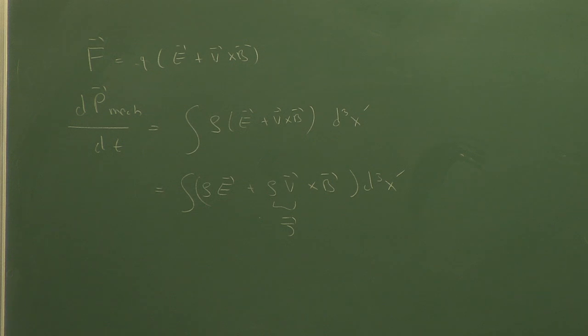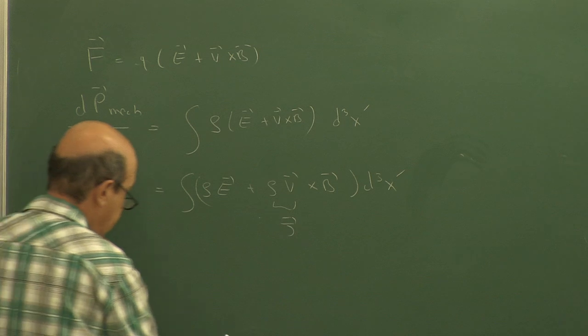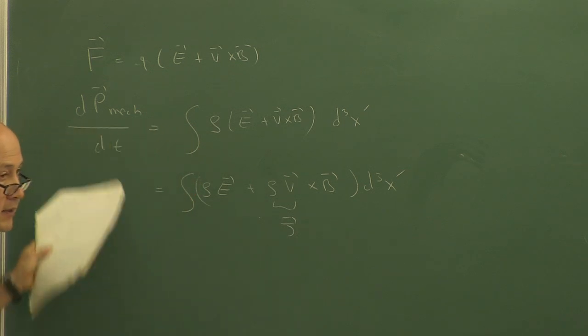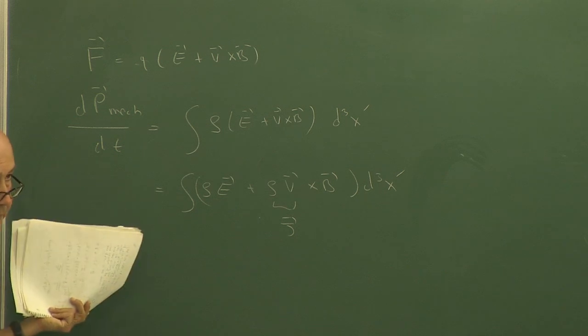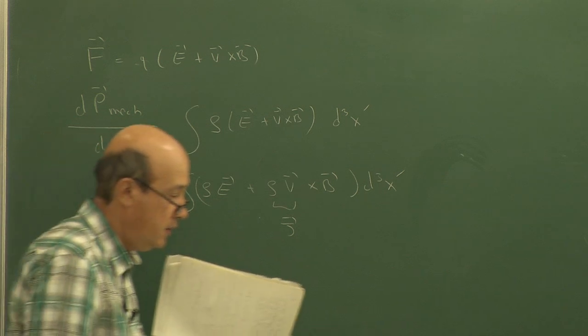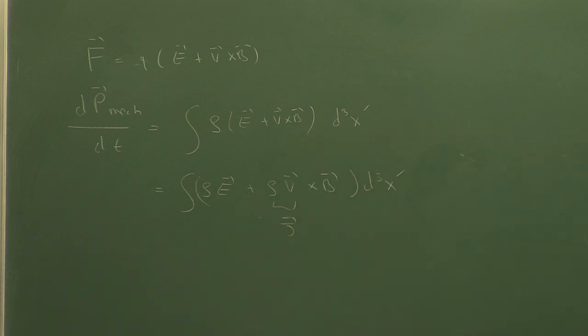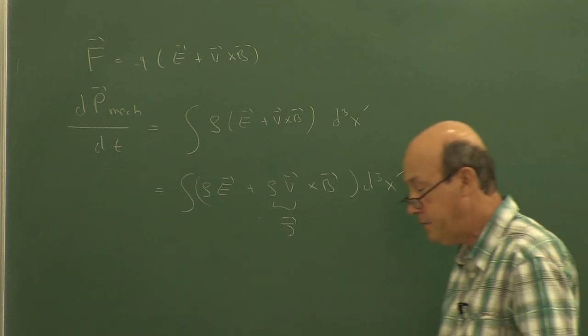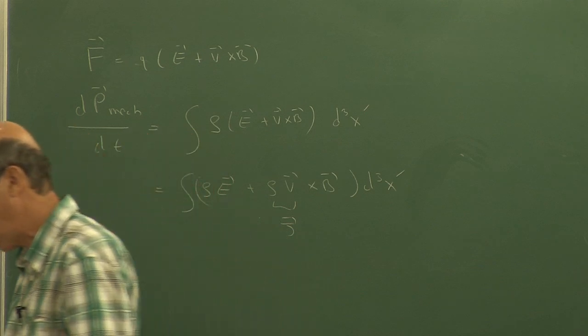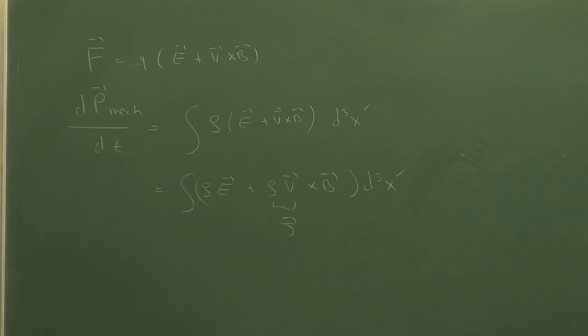As you see, the left hand side is the mechanical force, or the rate of change of the mechanical momentum. The right hand side contains the current density, but the current density can be expressed in terms of the fields using Ampere's law. Charge density can be represented in terms of the fields using the first Maxwell equation.